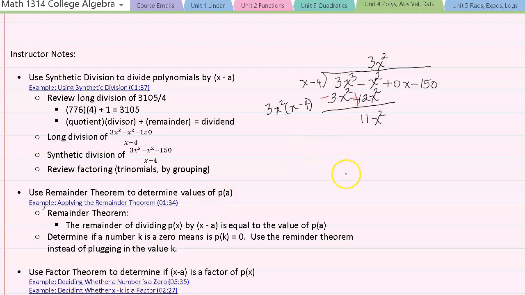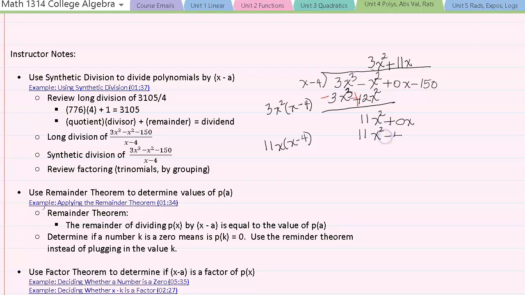Doing this will result in no more x cubed terms, a positive 11x squared, and now I bring down my 0x term and divide again. X times what will give me 11x squared? This will be 11x. I write 11x in the quotient above the 0x term, then multiply 11x times x minus 4, and I get 11x squared minus 44x.